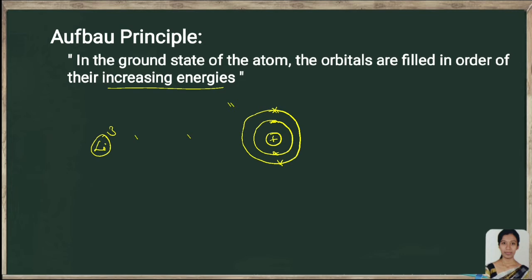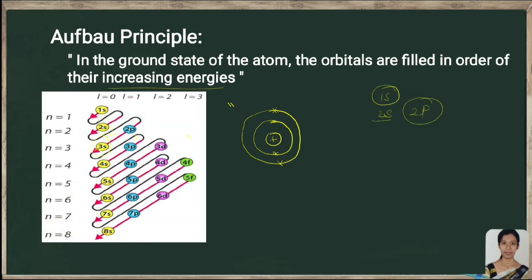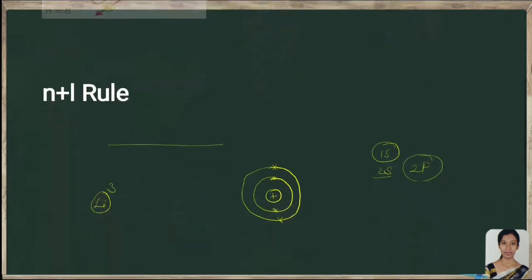How do we know that these 1s, 2s orbitals have lower energy? How can we find that the 1s orbital has lower energy when compared to the 2s orbital or 2p orbital? To know this, we have the n plus l rule.